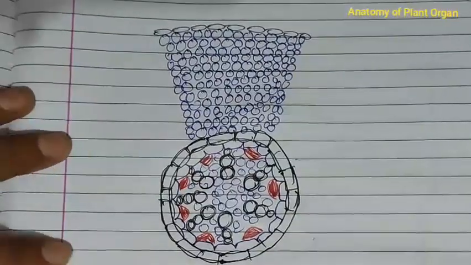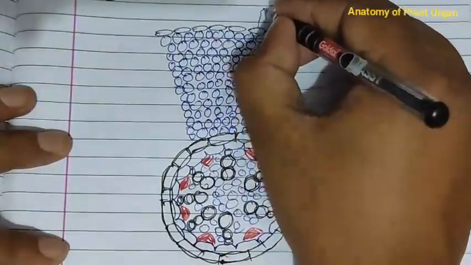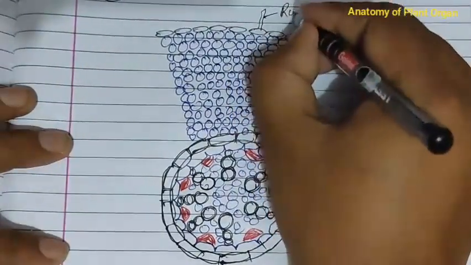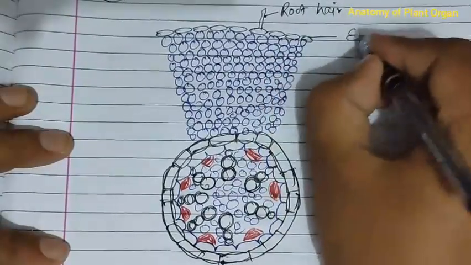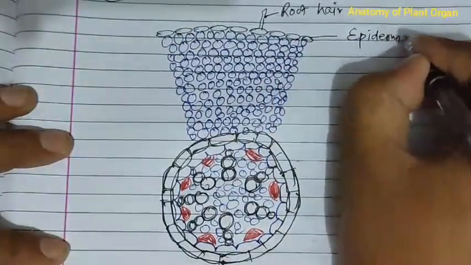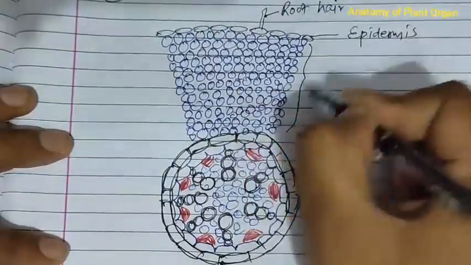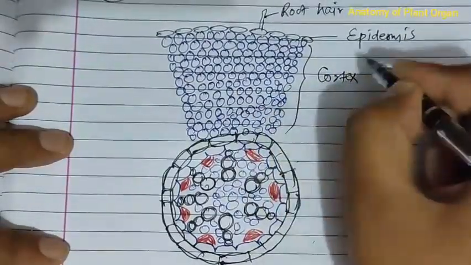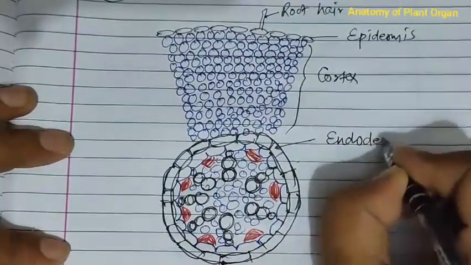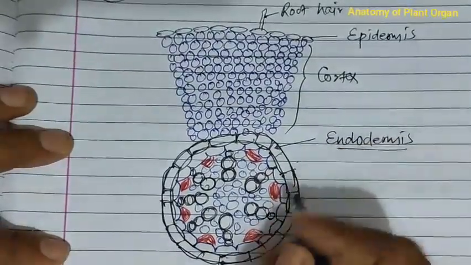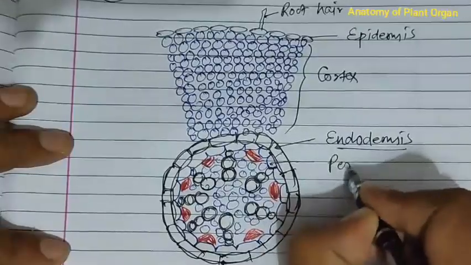So if we label it, we come to know that they have a root hair, then there is an epidermis, this whole is a cortex region, then this is endodermis which has Casparian strips, then this is a pericycle.